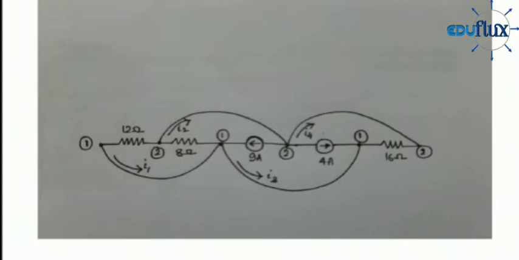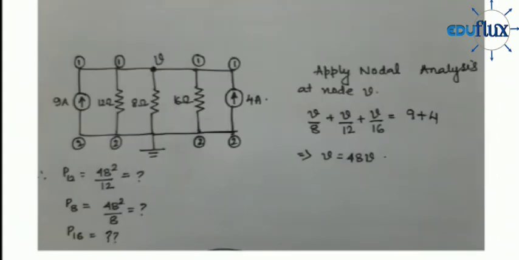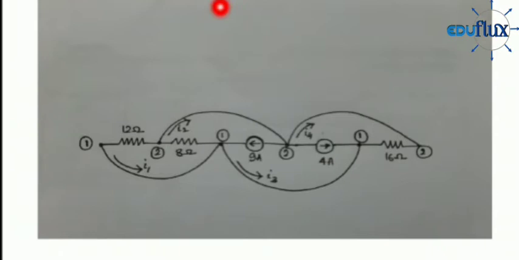So see, if I mark the first node as 1 and the same line is connecting to this point, so we mark this node as 1 as well. Similarly, the same wire connects to the third point, so we mark it as 1. Similarly, if this node is node number 2, this is again connected by a short circuit path, so we mark this as node 2 also.